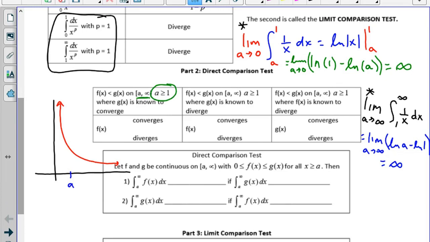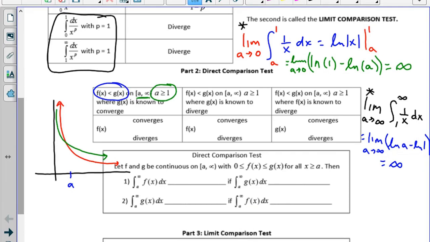So at some point, g has to become bigger than f everywhere to the right of A. So if you look at A, f is smaller than g everywhere to the right of A on our picture.